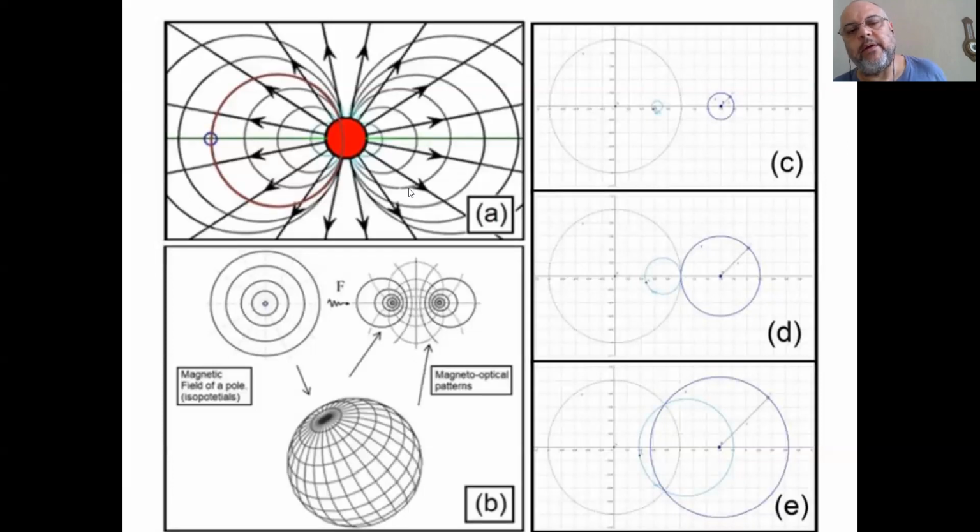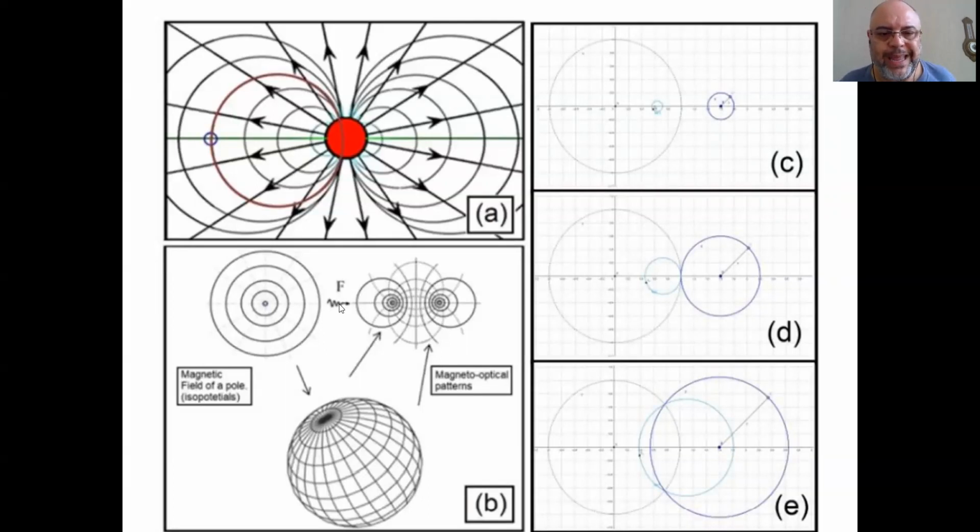So in this way, we have basically this system. We have the magnet here, the magnetic field lines, and the pattern formation here. So we can imagine a simplified version of the magnetic field with these radial lines and these concentric circles of isopotentials.